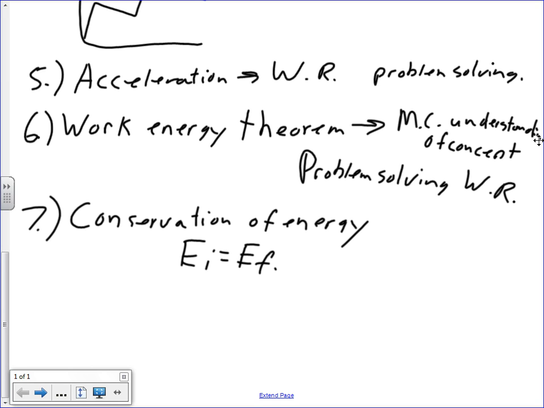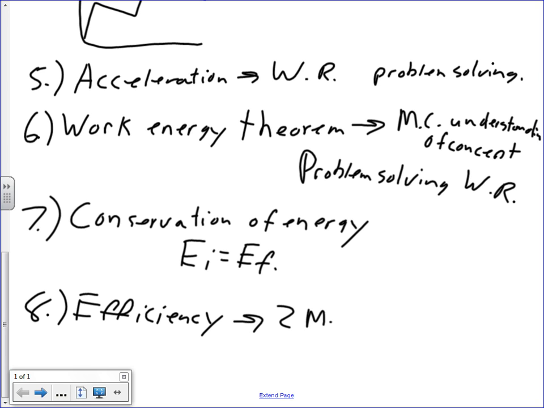And then the last thing we talked about was efficiency. I told you there's not going to be much in the way of problem solving on that, 2 multiple choice at the most. The formula's on the formula sheet, and I'm sure that you'll be able to use that effectively.